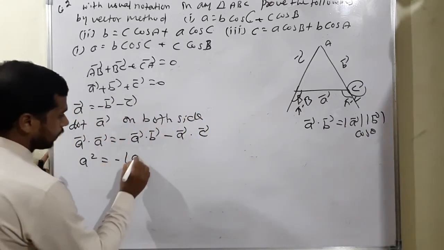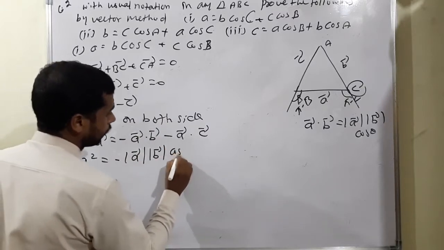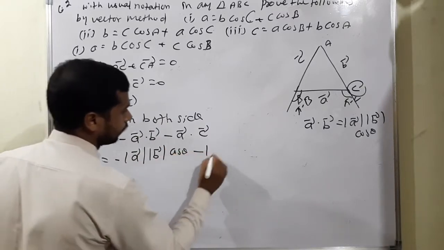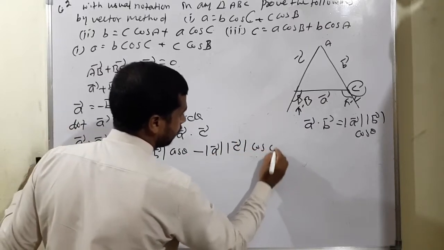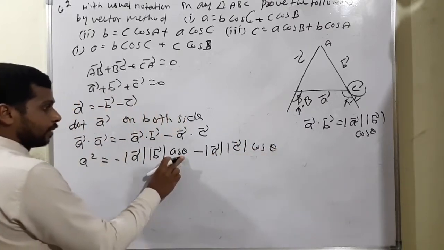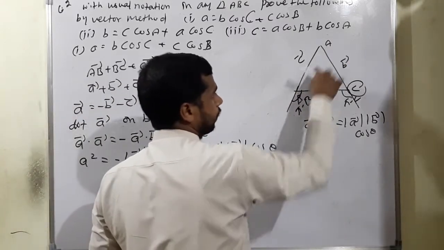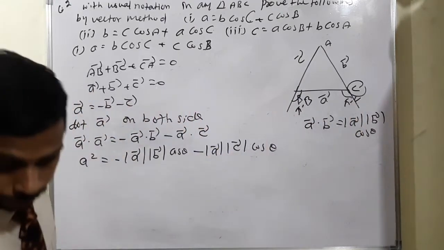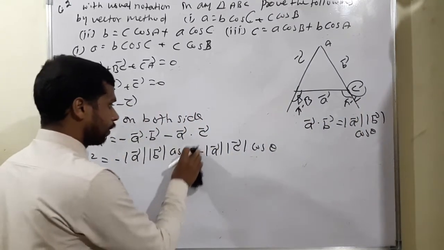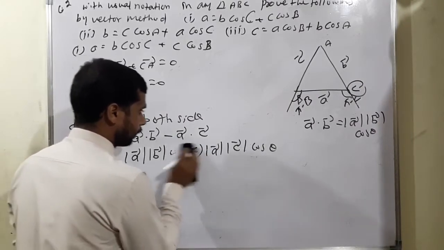Therefore, minus sign as it is, minus modulus of a into modulus of b into cos theta, again minus modulus of a into modulus of c into cos theta. But instead of theta, for a vector dot b vector we can write cos of pi minus C, isn't it? So we can write it directly, cos of pi minus C.